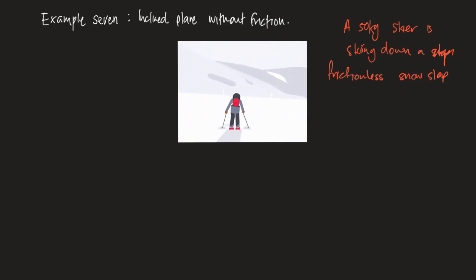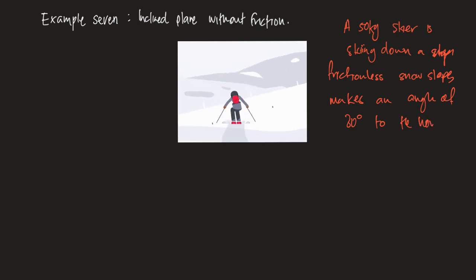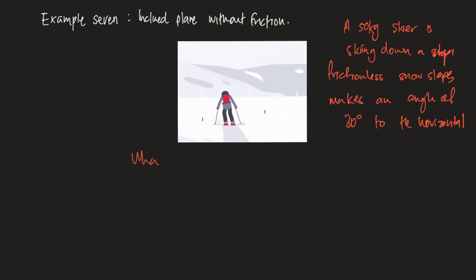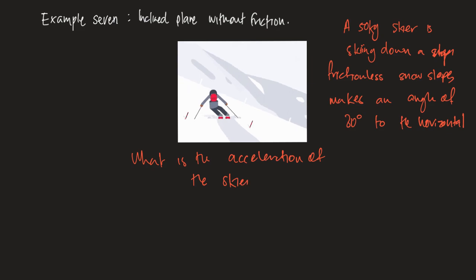This slope makes an angle of 30 degrees to the horizontal. The question is, what is the acceleration of the skier? So that's our situation.